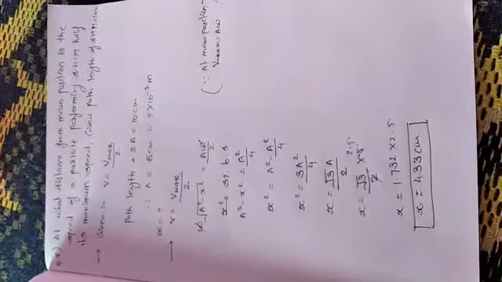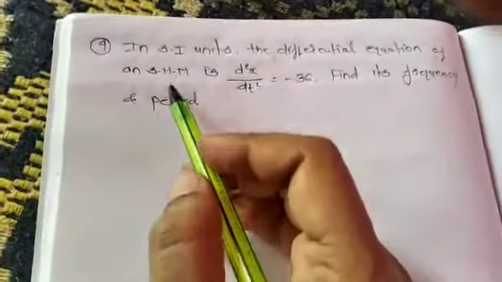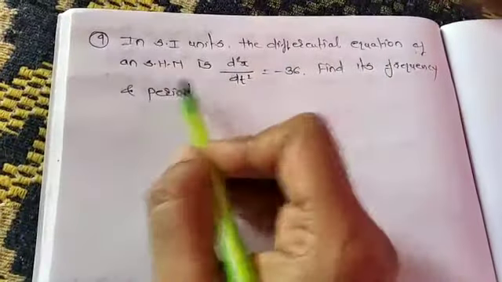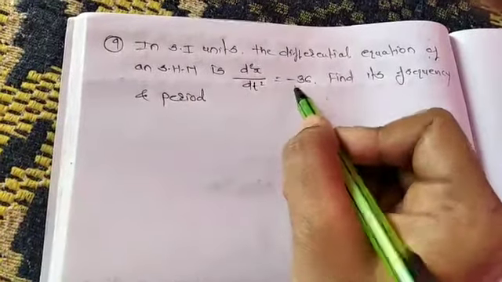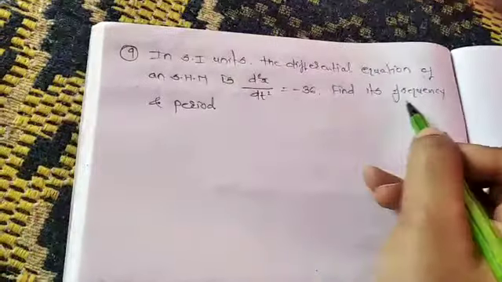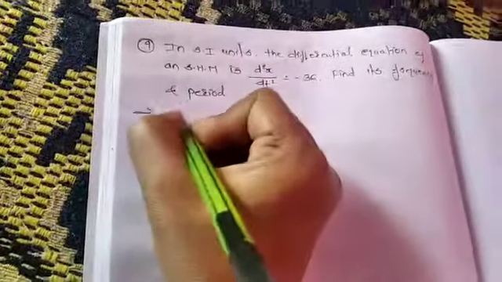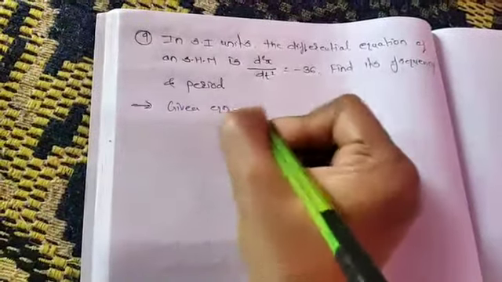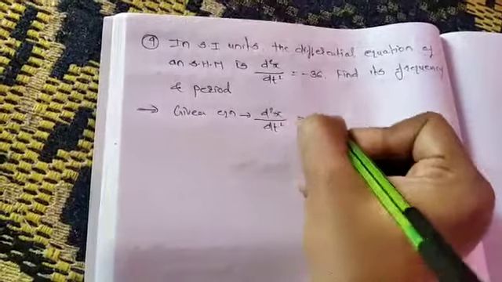You can copy this. Here is the next problem, problem number 9 in your textbook. In SI unit, the differential equation of SHM is d square x upon dt square is equal to minus 36. Find its frequency and period. So we'll write the given things first. The given equation is d square x upon dt square is equal to minus 36x, sorry, I forgot to write x here.